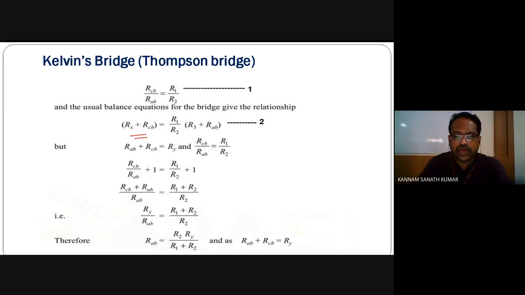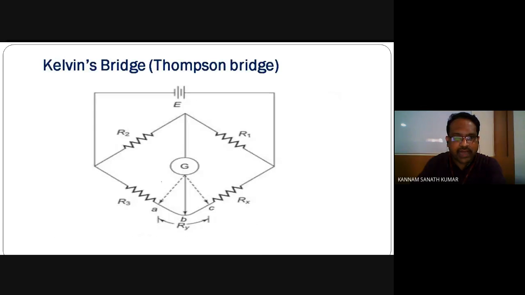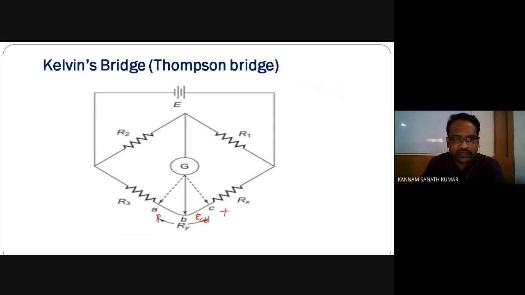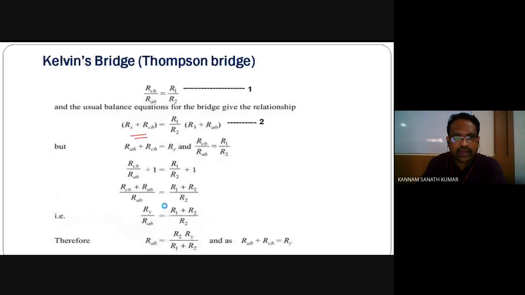Okay, so Rx plus RCB, this is RCB, equal to R1 by R2 into R3 plus RAB. This is RAB, no? So R3 plus RAB.